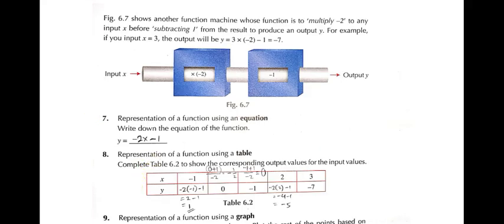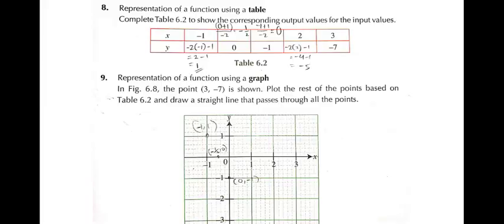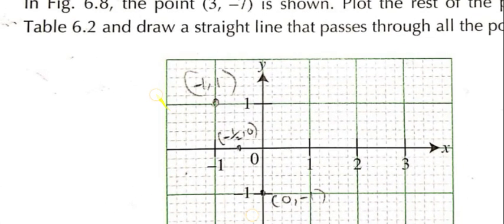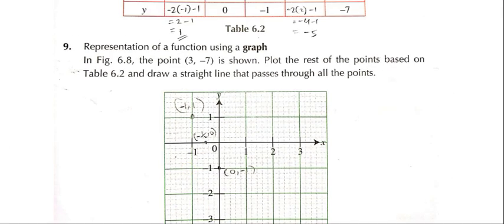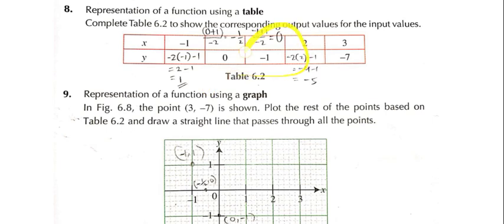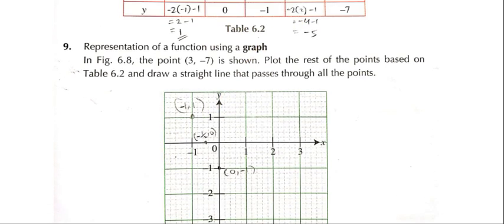And lastly, represent using a graph. Again, just using this table, plot here. The first one is (-1, 1), x is -1, y is 1 here. The second one, x is -1/2, y is 0. So -1/2 for x will be right here and y is 0. The next one is (0, -1), here.